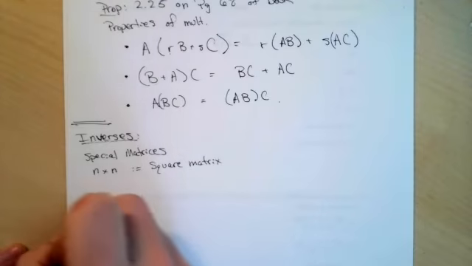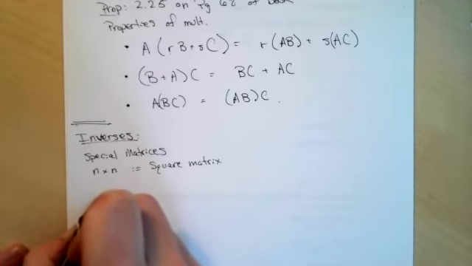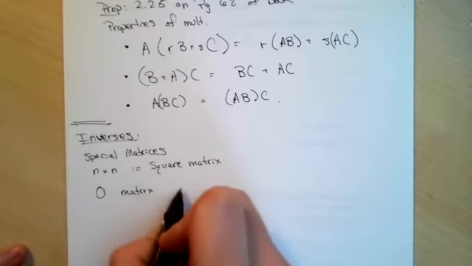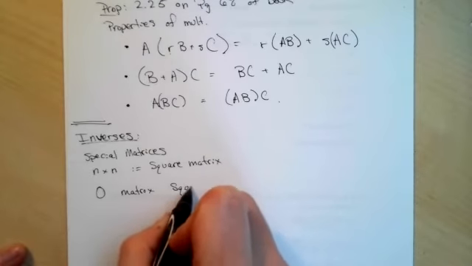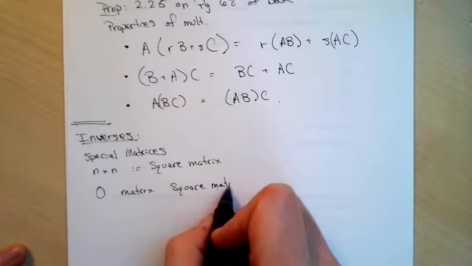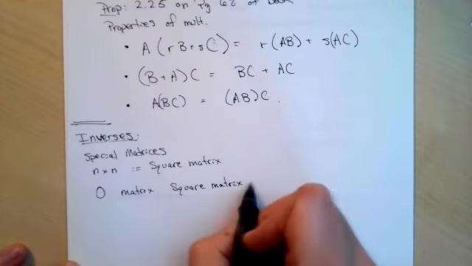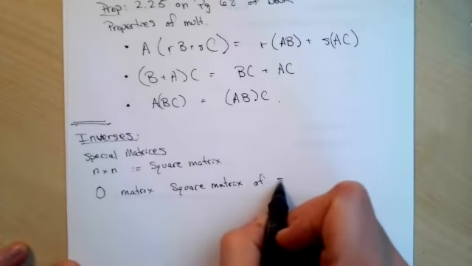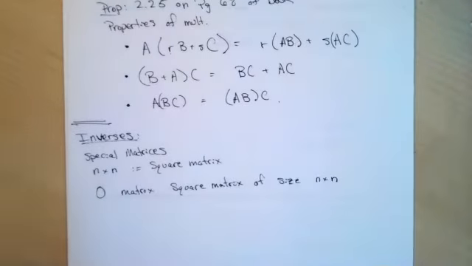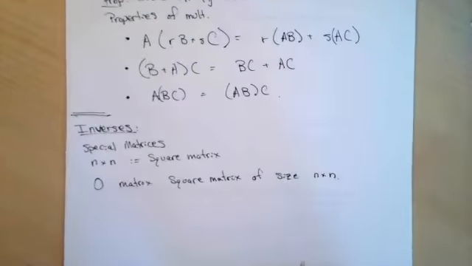We can have the zero matrix, which is a square matrix of size n by n. Well, it's usually clear from the context what the size is.